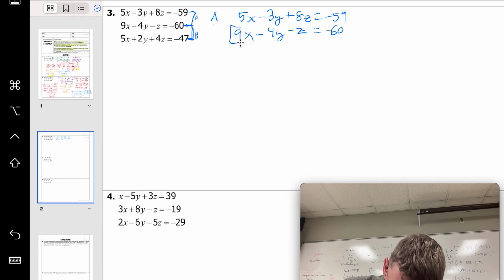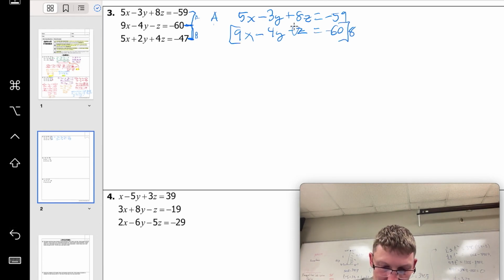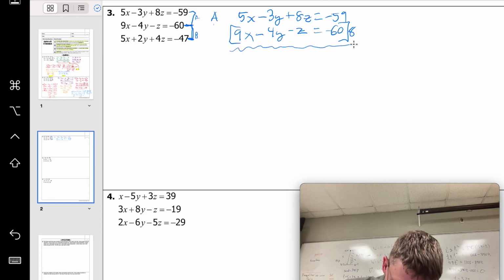We're going to multiply this bottom equation by 8, because that will give us a negative 8z right there, which will allow us to eliminate our z's. So we're going to have 5x, I'm just rewriting the top one.